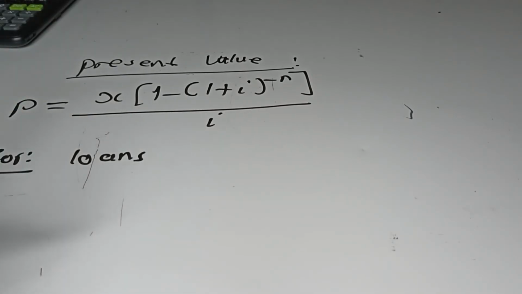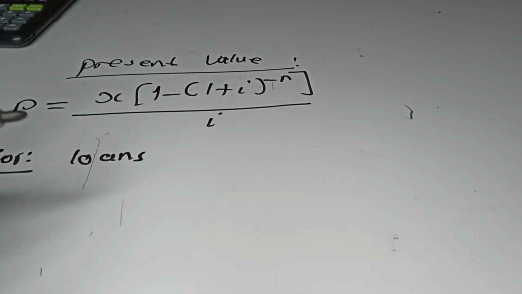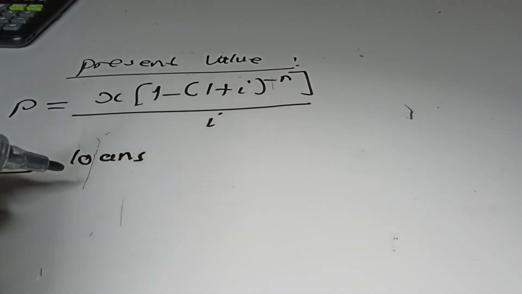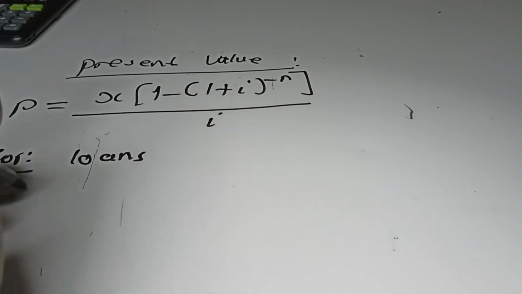Present is something that we're just doing at that particular time. When you're dealing with loans, you can't take a loan for saving for the future, and this one you have to pay back. But for the future, we're just saving an amount. So when it comes to loans, you have to know that it is the present value.